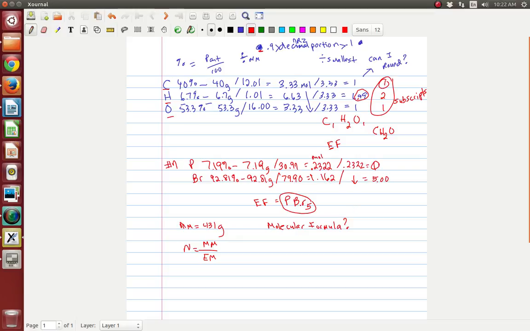This is phosphorus pentabromide, so we have to go through the molar mass calculation for the empirical formula. 1 phosphorus atom, 5 bromines, and I know their molar masses because I looked them up before: 30.97 and 79.90 for bromine. Multiply those and add them together to get the empirical mass.